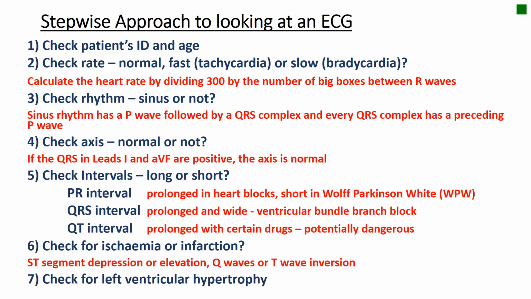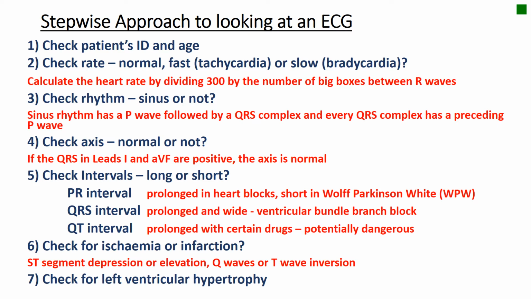Also, the fact that they're male or female and the age that they are will immediately make you think of different types of causes for abnormal ECG traces, or even what is normal within that age range. Then you're going to check the rate, whether it's normal, fast or slow.